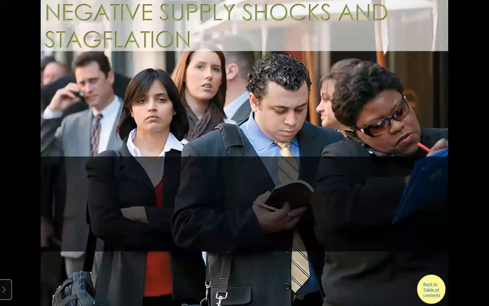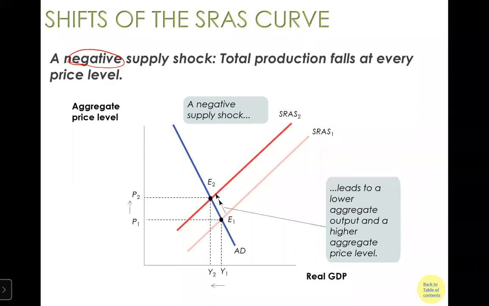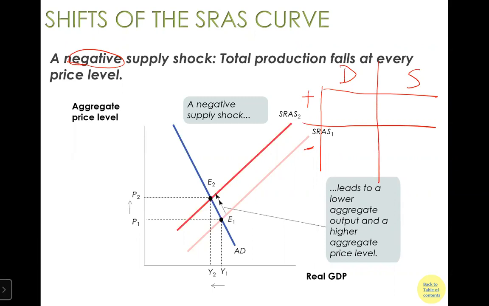Okay, so before I move to the next slides, let me summarize what we have discussed. We looked at demand shock and supply shock, and we have positive and negative. So there are 4 possible shocks.